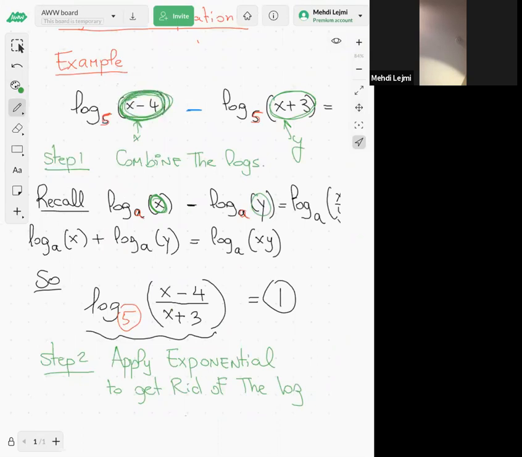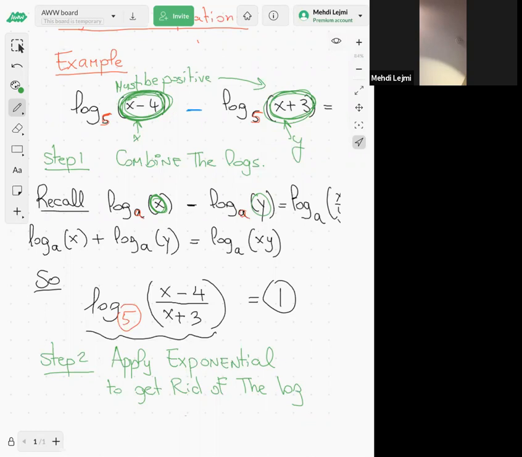And the same for the x plus 3, which also must be positive. That's because we can only apply log on positive numbers. Log of a negative number is undefined. It does not exist.